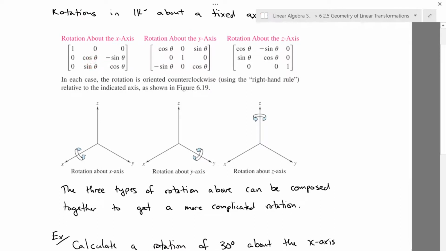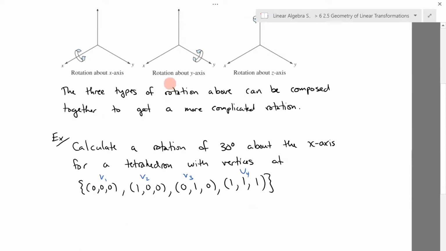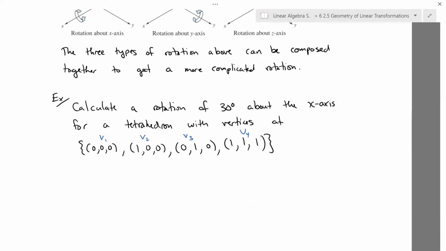So to first set up the matrix, I need to calculate the sine and cosine of the angle. So cosine 30 degrees is square root of 3 over 2, and sine of 30 degrees is 1/2.